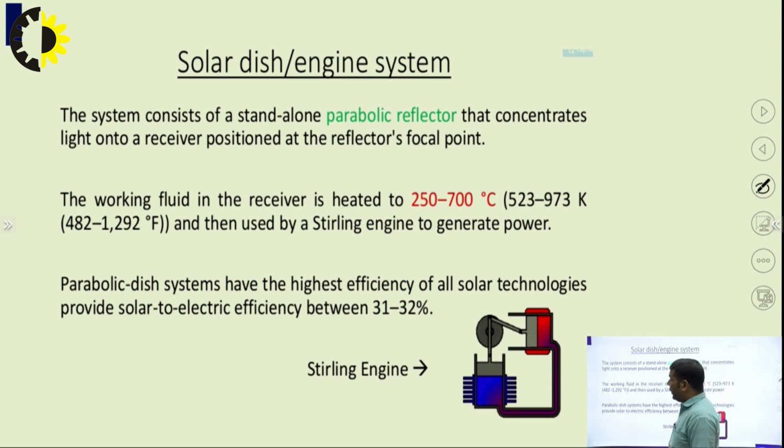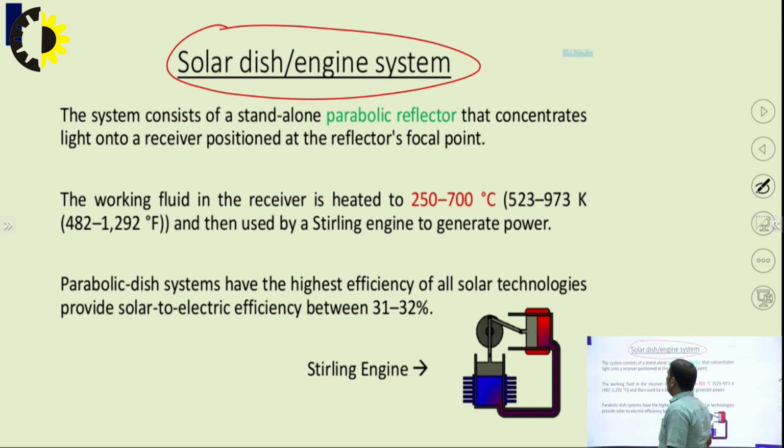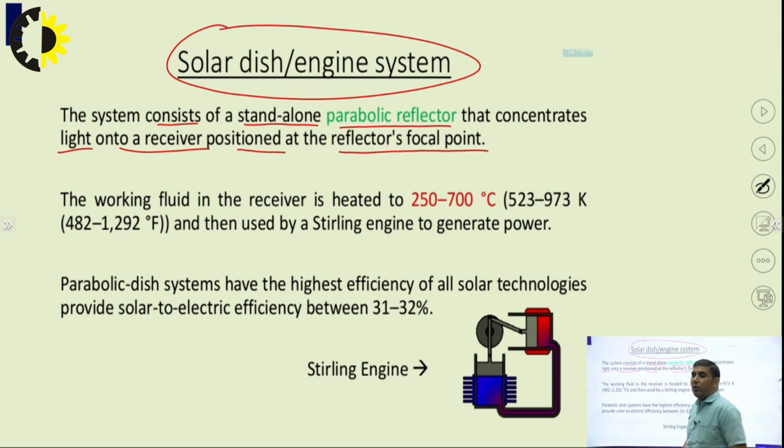The third popular type of solar thermal power generation system is the solar dish, or solar engine system. If you talk about the working principle of this type of system, it consists of a standalone parabolic reflector, parabolic in shape, that concentrates the light onto a receiver positioned at the reflector focal point.